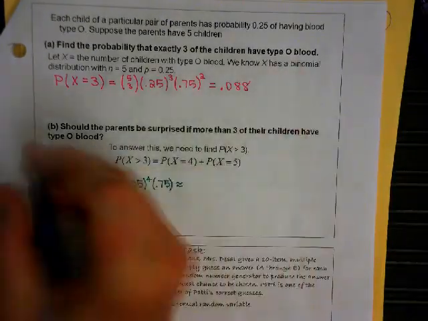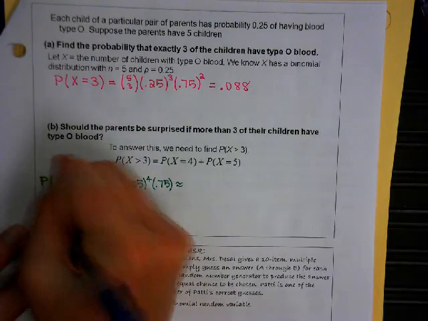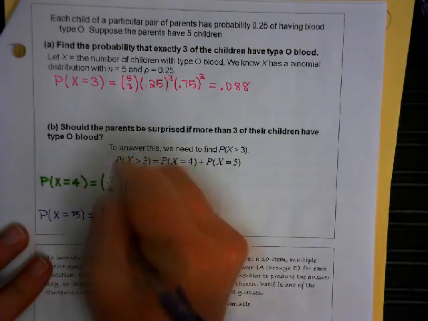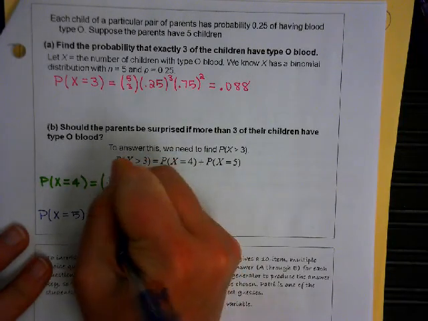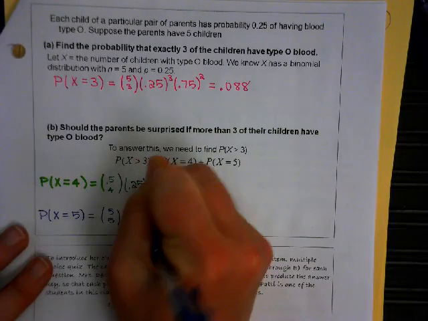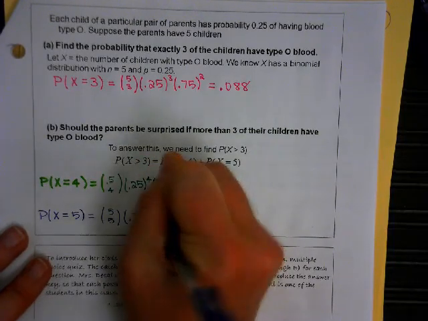And then we have 0.25 to the 5th, 0.75 to the 0, which, remember, anything to the 0 power is 1. So really, this is 1, that's 1, so the probability X equals 5 is just that middle part.